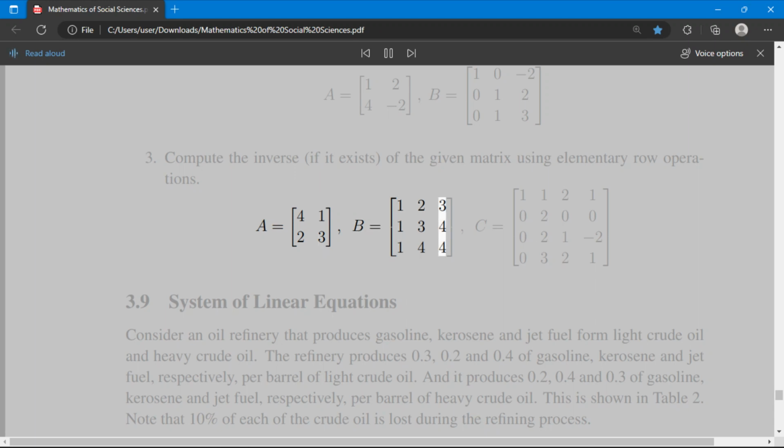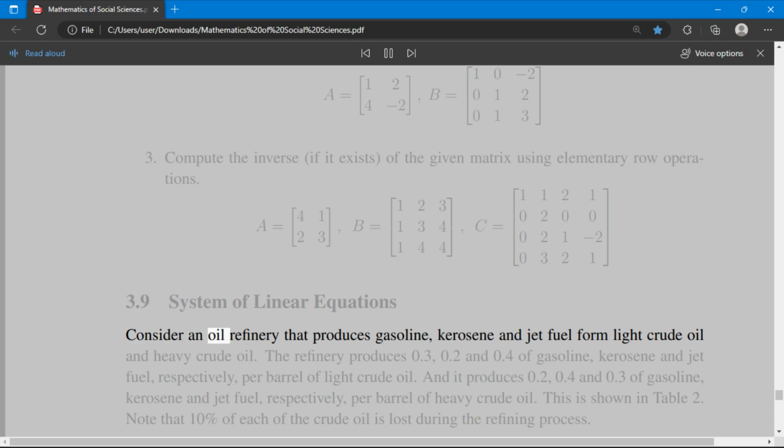A equals 4 1 2 3, B equals 1 2 3 1 3 4 1 4 4. C equals 1 1 2 1 0 2 0 0 0 2 1 2 0 3 2 1.